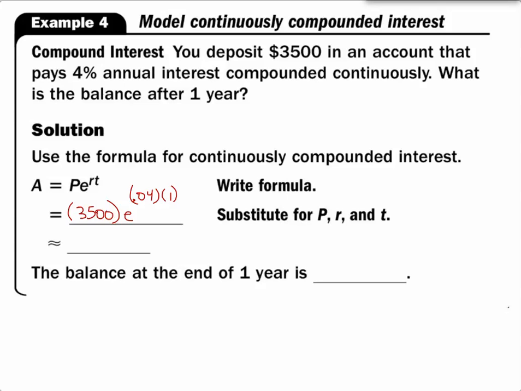And you put that in a calculator, and you get $3,642.84. So the balance after 1 year is $3,642.84. Quick calculator work using our new formula. This is the easiest one we've had in quite some time, so try not to let this one intimidate you.